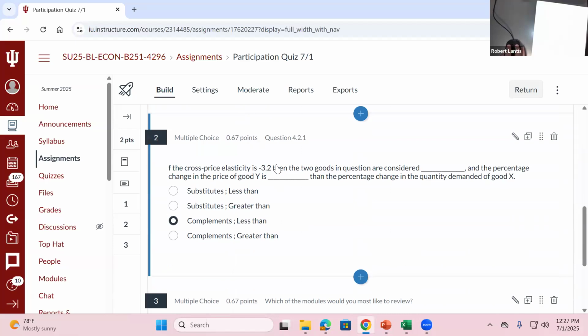We just went through this one, but if I have a cross price elasticity that's negative, that's telling me that when the price of the Y good goes up, the amount people buy of X goes down. This must mean I'm using these two goods at the same time, or that they're complements. Also, if it's a value above 1 in absolute value, that must mean my numerator is greater than my denominator.